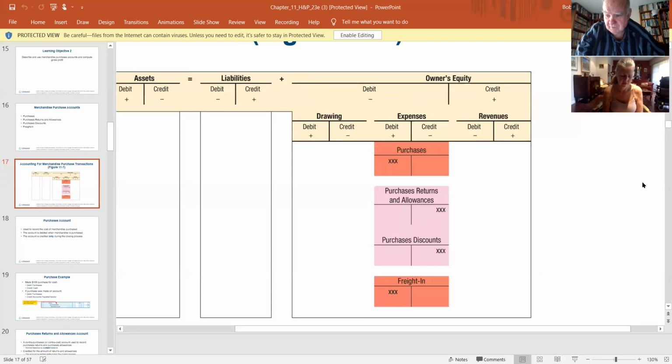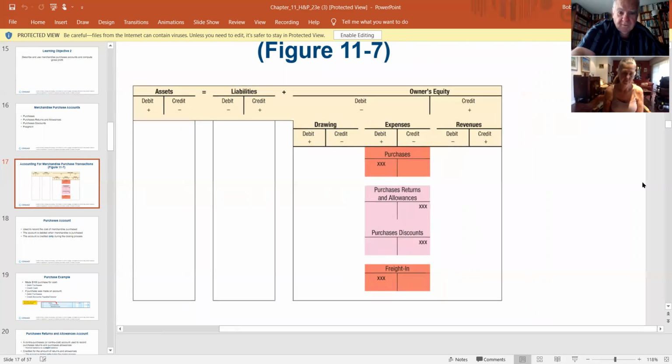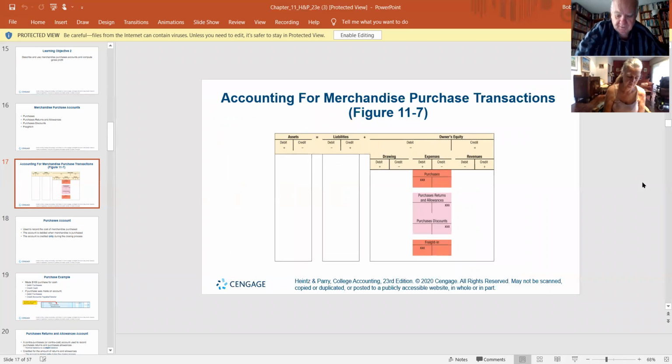That's the 2/10 net 30. It can be called a purchase discount, but typically it's a sales discount on the seller side, a cash discount, or I guess purchase discount on the buyer's side.